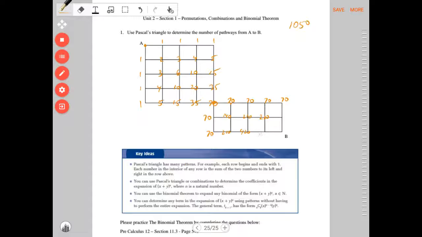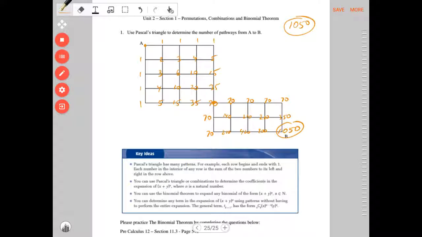So 280 and 420 is 700. 70 and 280, so 350 goes there. So 350 and 700 makes 1050. So that was the answer that we got from section 1C, and it's just one more application of Pascal's triangle.